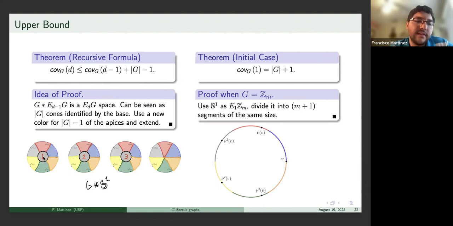So if these apices have different colors, when we apply this action, which will rotate the boundary and move the disks around, the boundaries won't intersect on the same color by construction, and the apices won't intersect on the same color either, because we gave them completely new different colors.